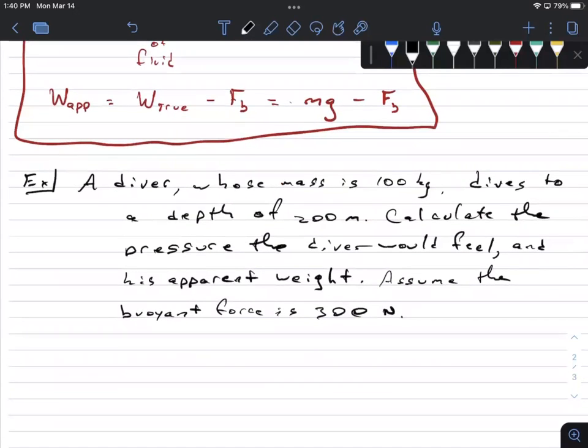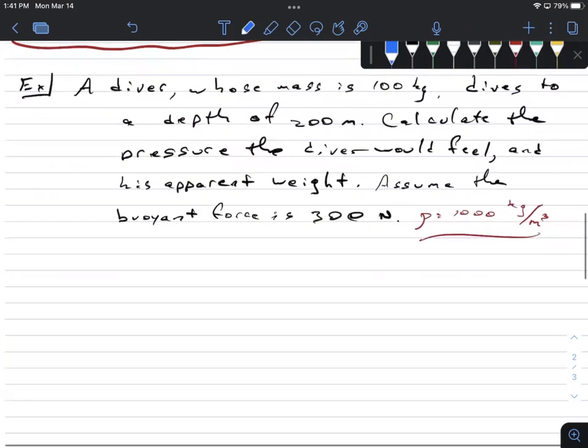All right, so one thing you need to know, which is always going to be true for this class, so it's easy to remember, the density of water is 1,000 kilograms per meter cubed. So there's our example. Diver diving down. We know what his mass is. Dives down a certain distance.